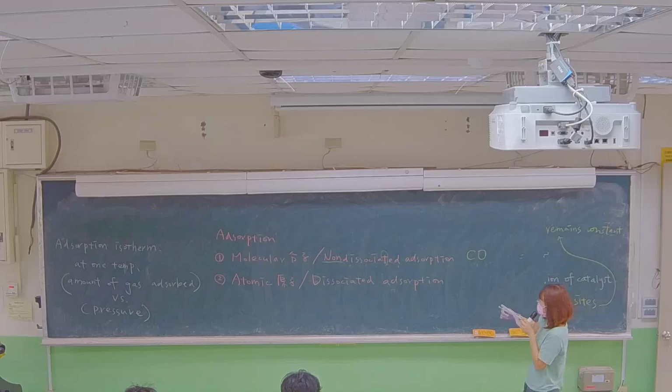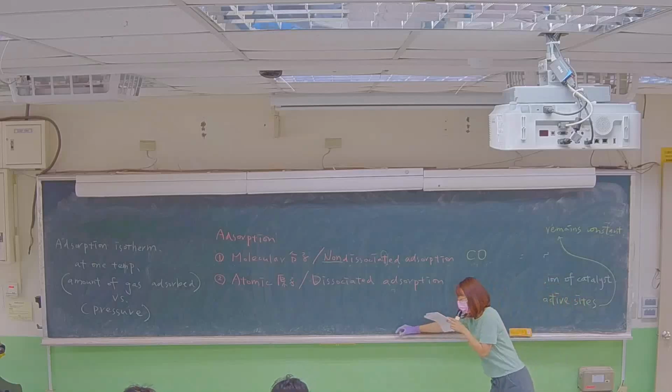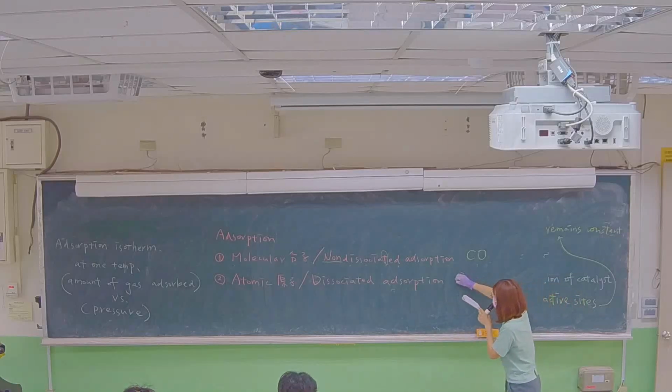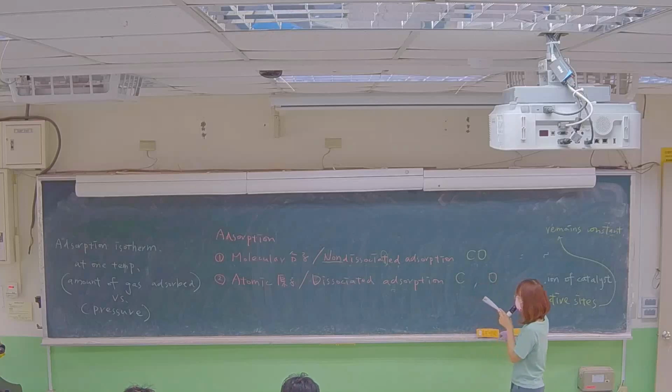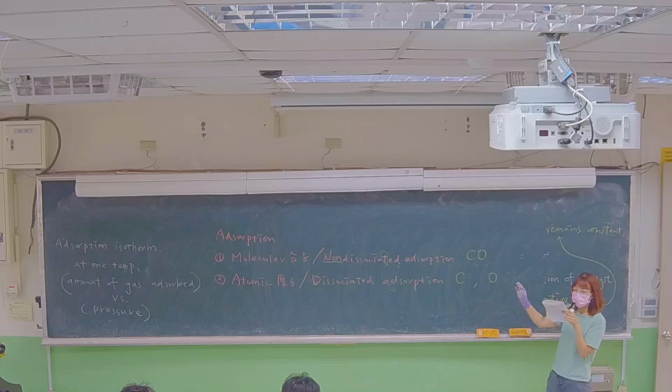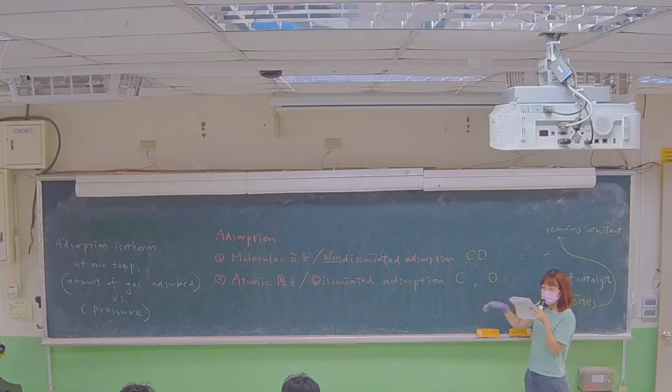That means the adsorption separates C and O. The atoms C and O are separately adsorbed on the surface. So we have these two kinds of models.